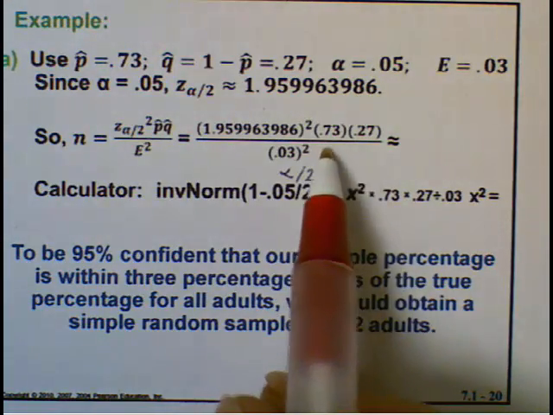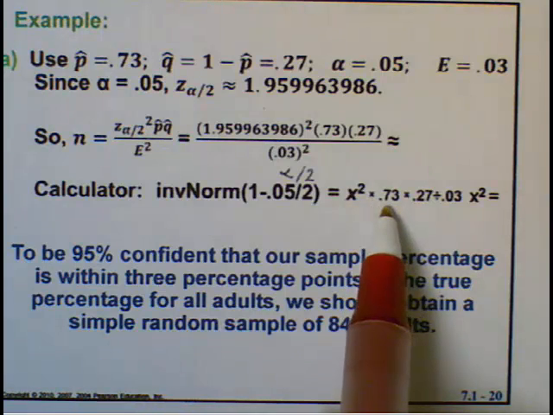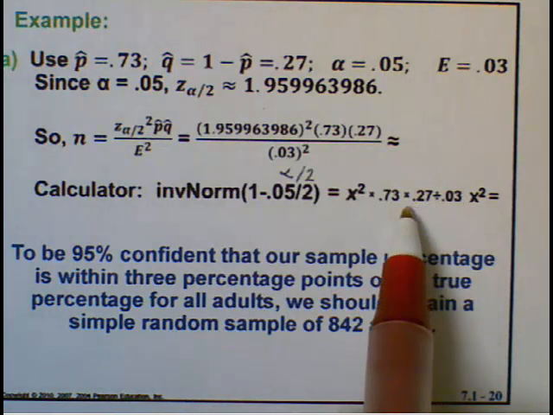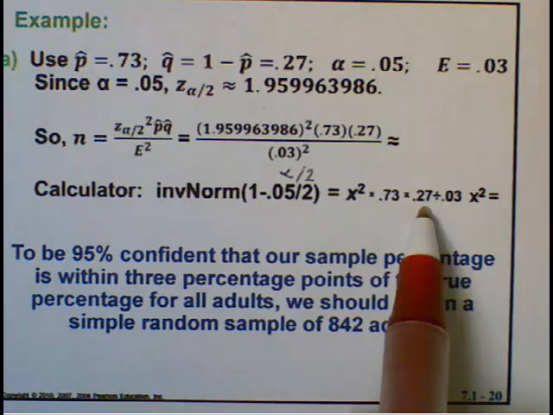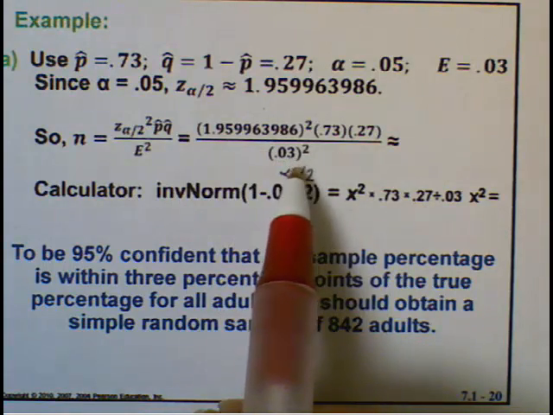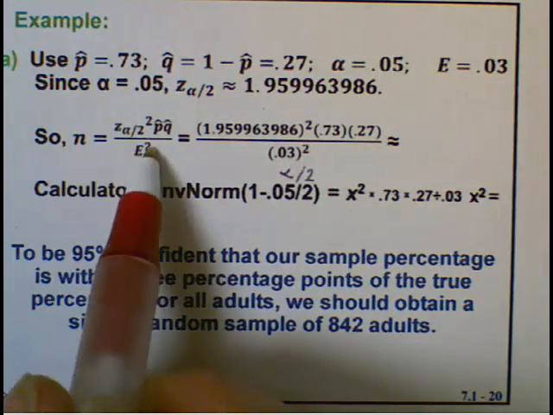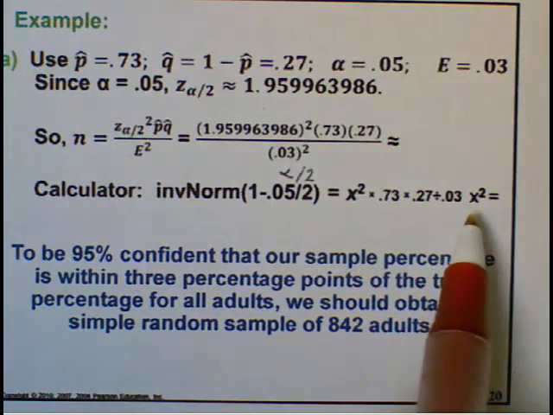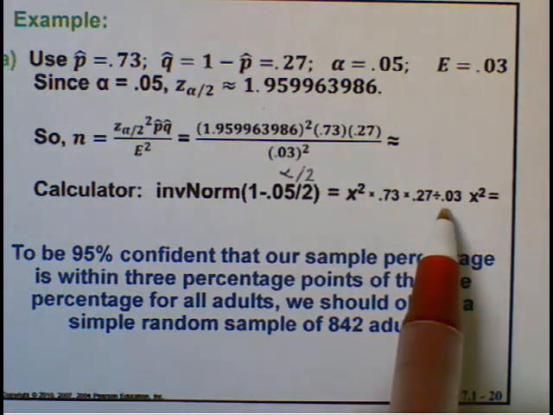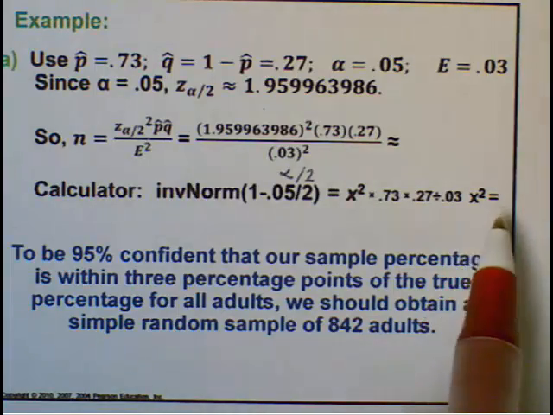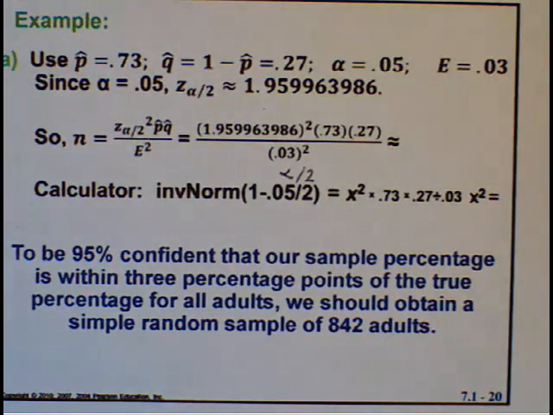And then multiply it by my p hat, multiply it by my q hat, and divide by the value of e squared, because that's what's in the formula. Divide by e squared. So divide by 0.03 and then the square button and then hit equals again.